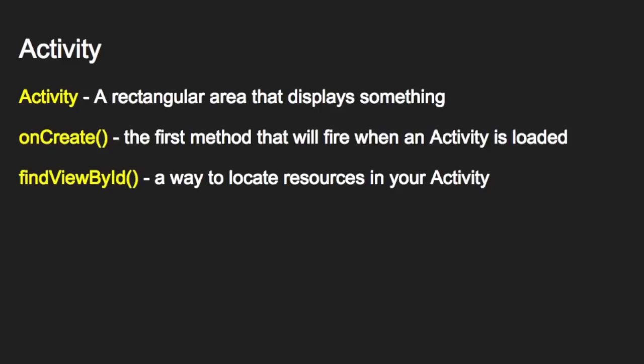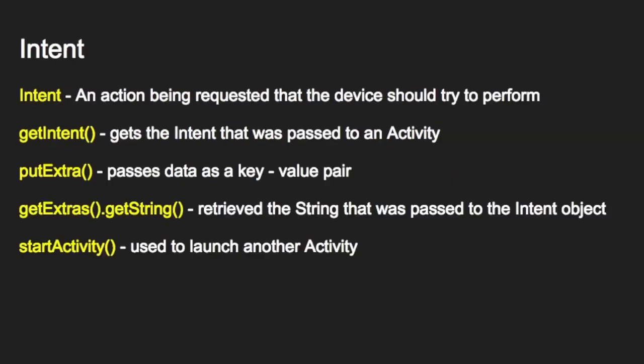The other thing that we did was we analyzed intent. The intent class represents some sort of action that you want to perform. And you can send and get information using intents. So if you want to move from one screen to the next, you could put extra information into your intent. And we use putExtra to pass a key value pair.